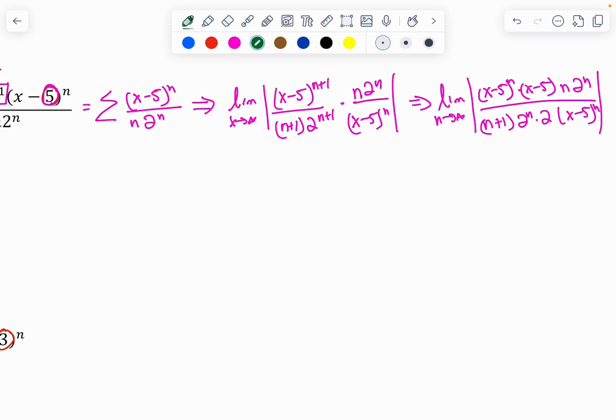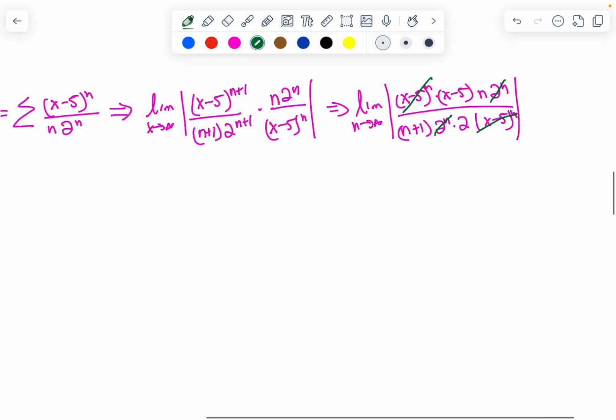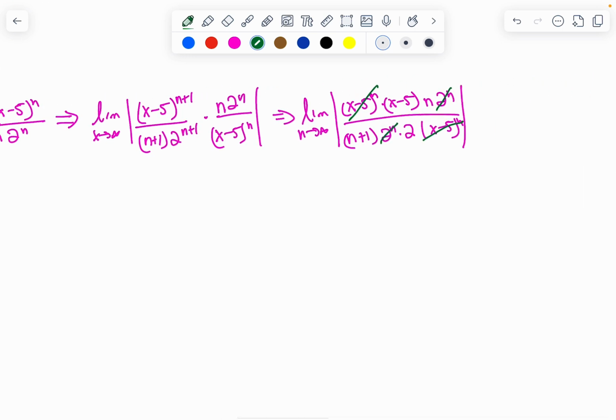So hopefully you recognize that the x minus 5 to the n's cancel out, the two n's cancel out, and you are basically left with the x minus 5. So let's write this out.